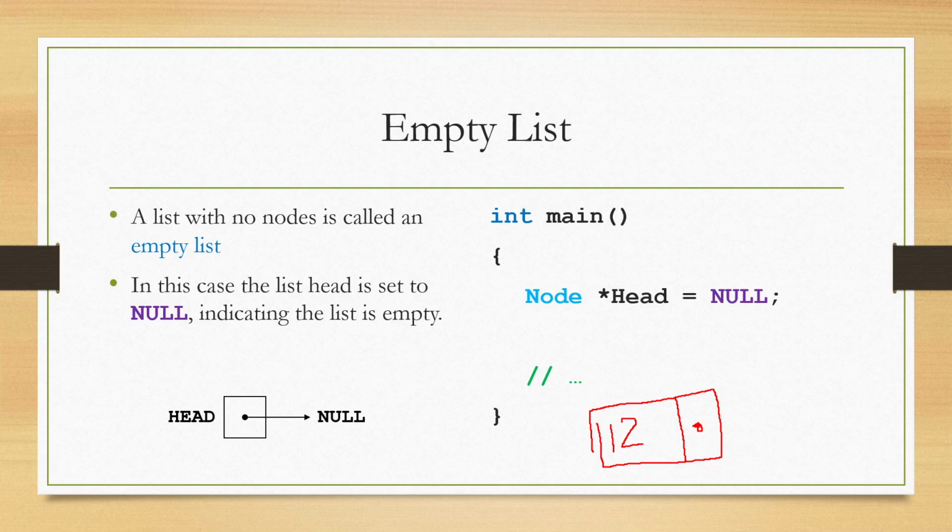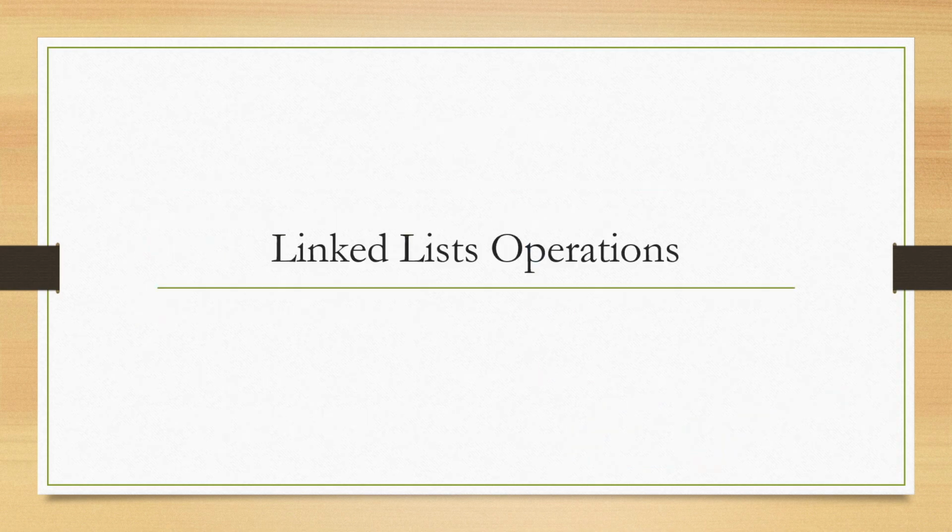We would just reassign the pointer to point to this and update this guy's pointer by saying it's null. Yeah, that's an empty list.